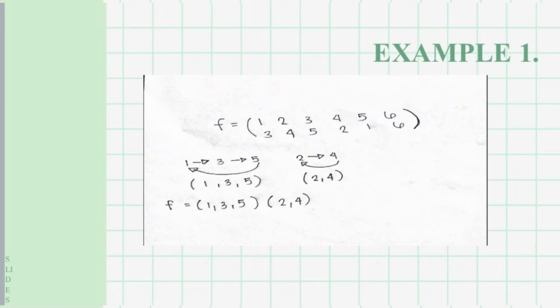So start a new cycle and continue this pattern until we've dealt with all of the elements. So we have either put them all into cycles or they remain fixed, pareha sa 6 ganina. So let's take a look at a couple more examples of moving to disjoint cycles.